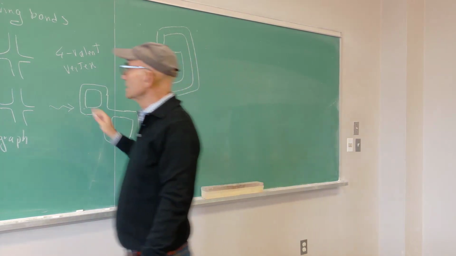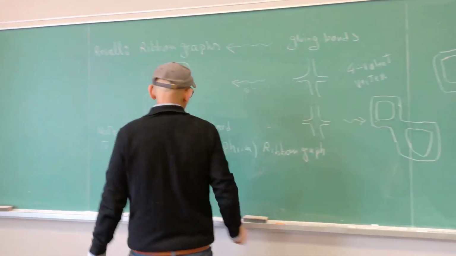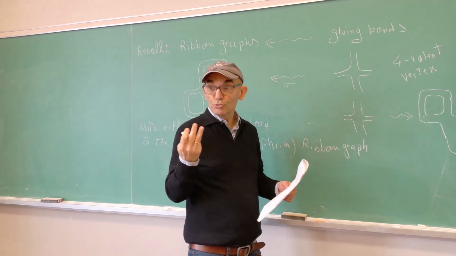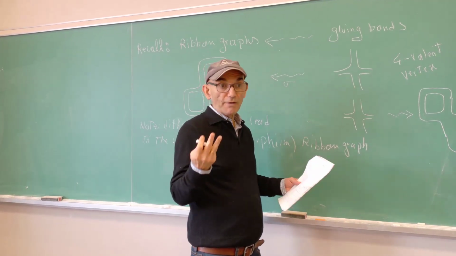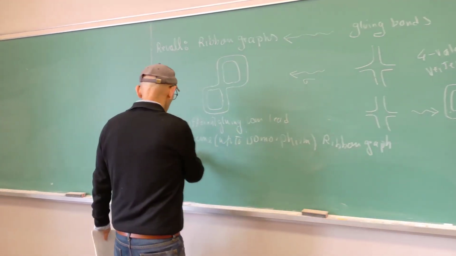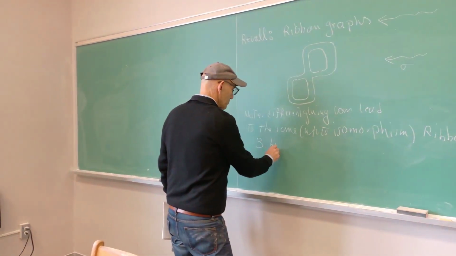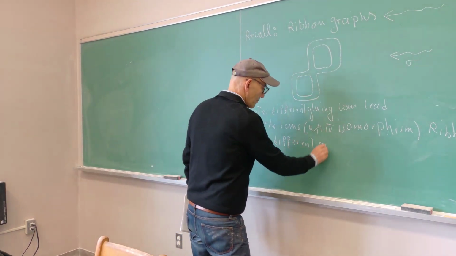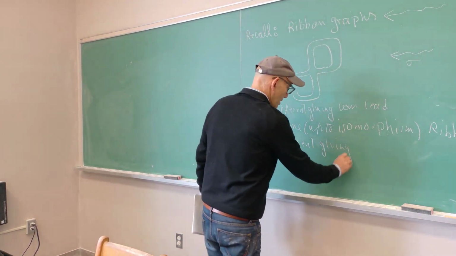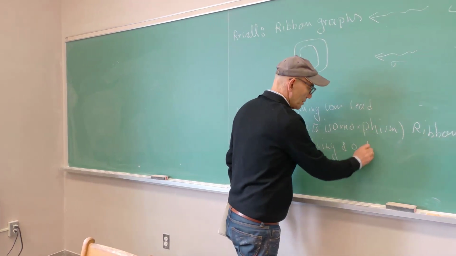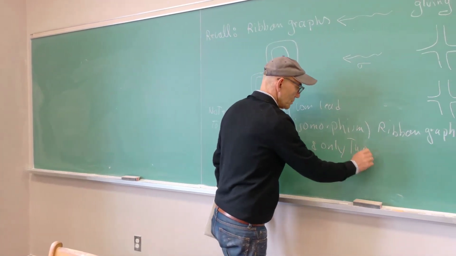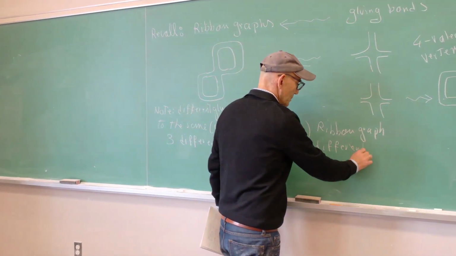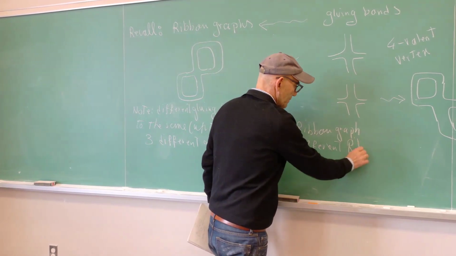So in this case, for the 4-valent vertex, we have 3 different gluings, but only 2 different ribbon graphs.